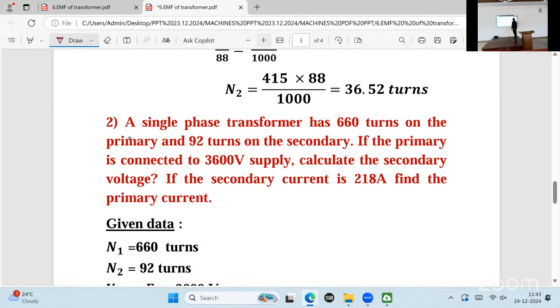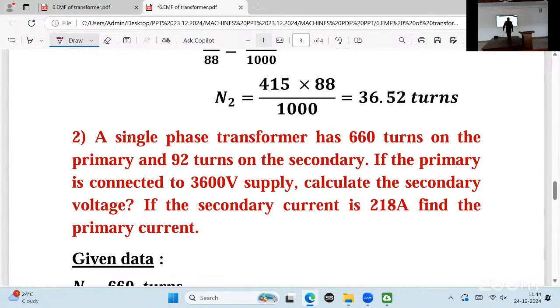Write down. A single phase transformer has 660 turns on the primary and 92 turns on the secondary.